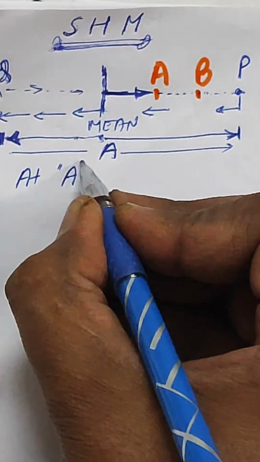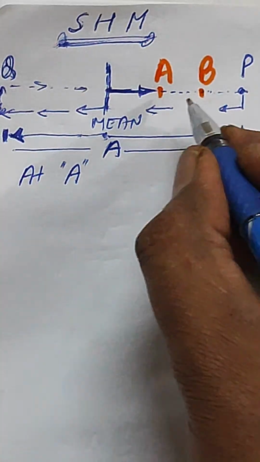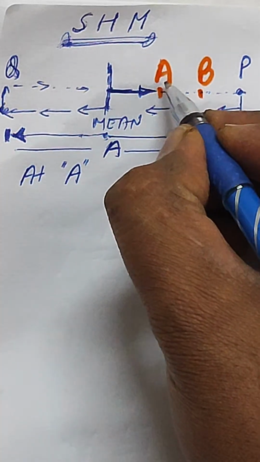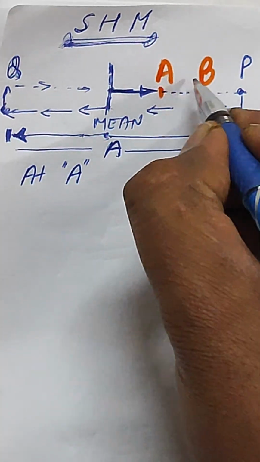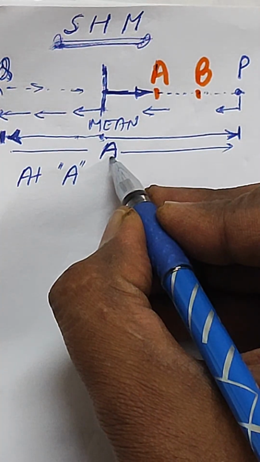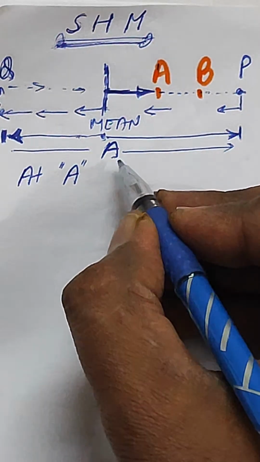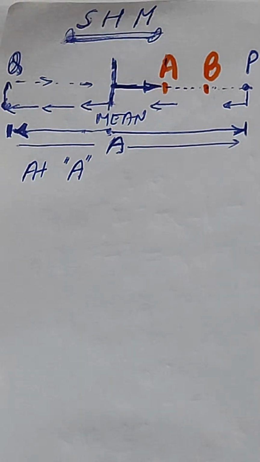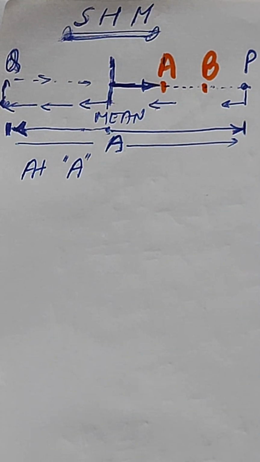Let us not write A and B, because amplitude is denoted by A, so don't get confused. I'm writing it with a different color so that you can easily understand. So this is at A.